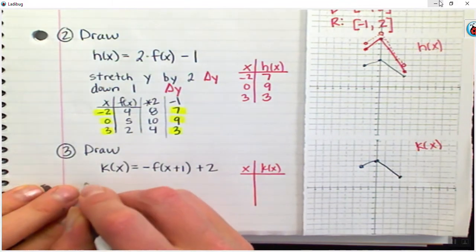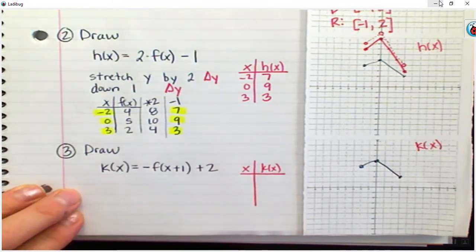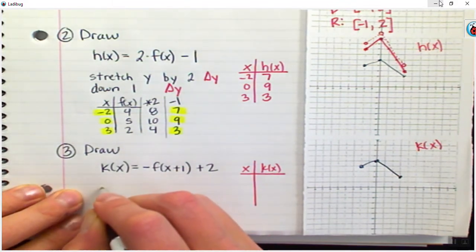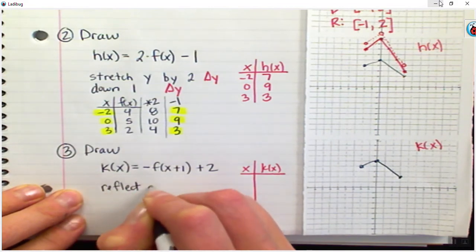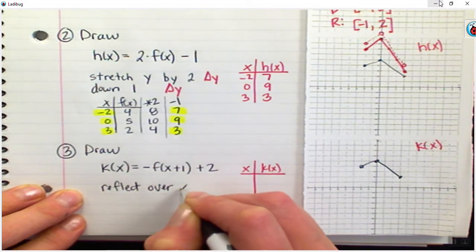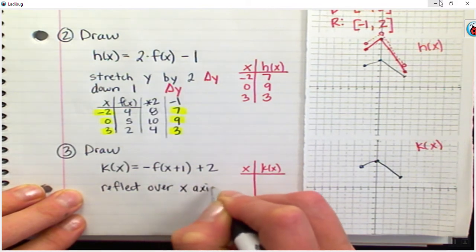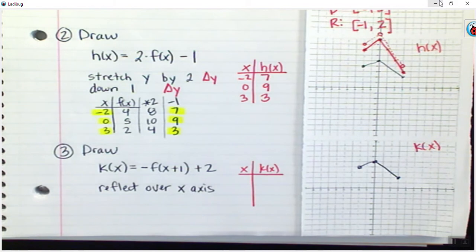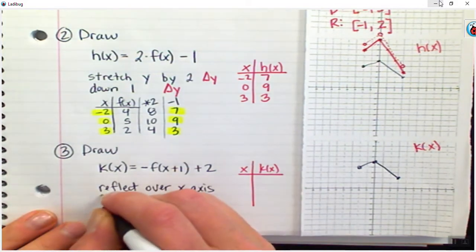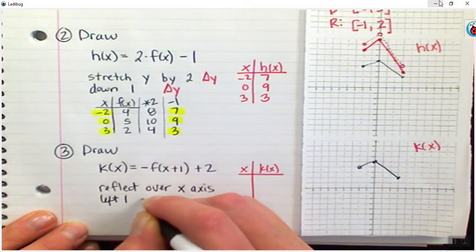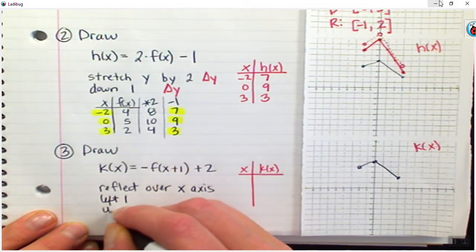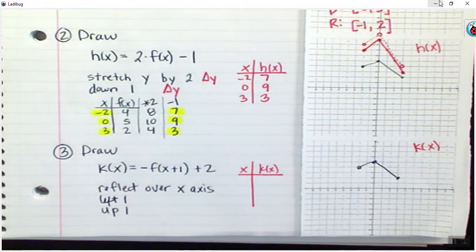Okay. Reflect over x axes. Left 1, up 1.